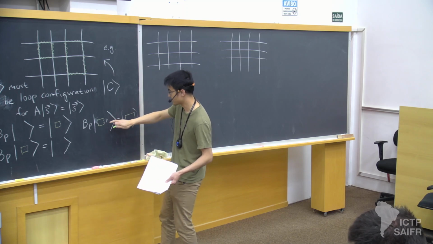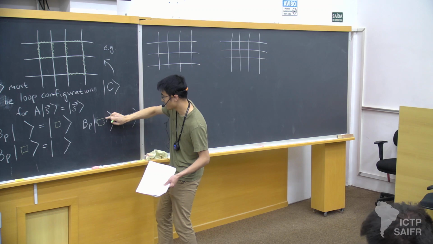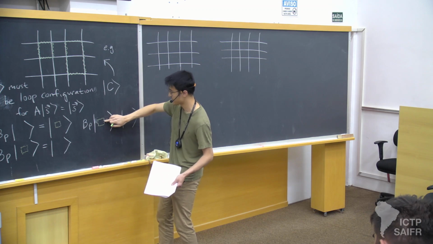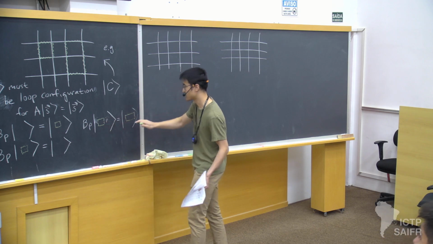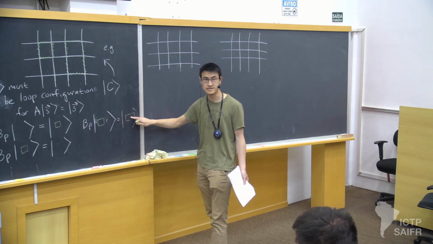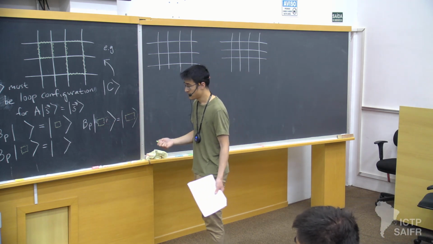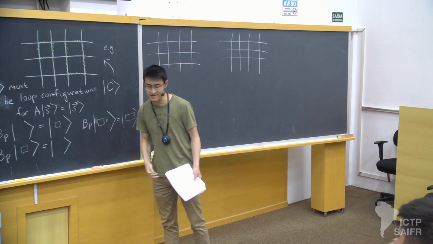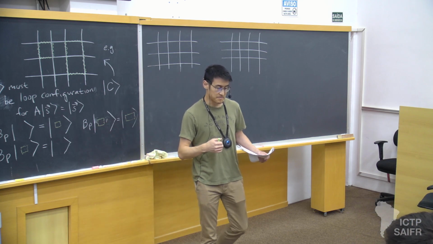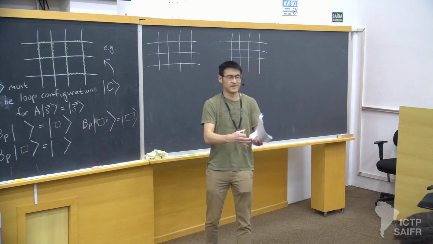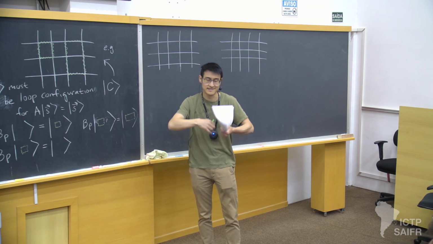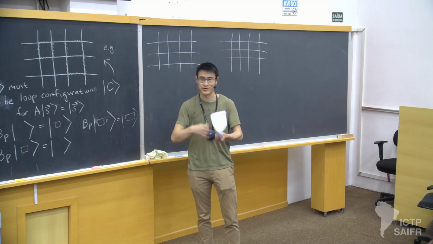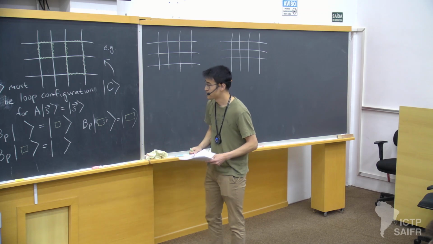Because the action of BP is a bunch of X's here, so it'll flip this spin back, but then it'll create 3 more here. So it'll enlarge this loop to this configuration. So BP is basically going from one loop configuration to another one. It's like enlarging loops, destroying loops, creating loops, right?